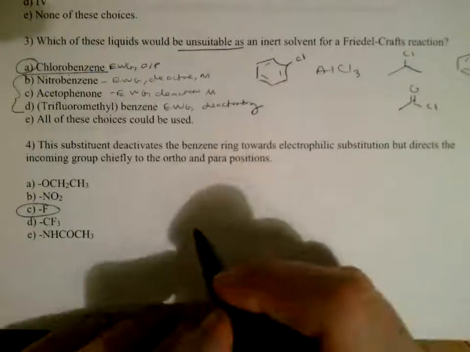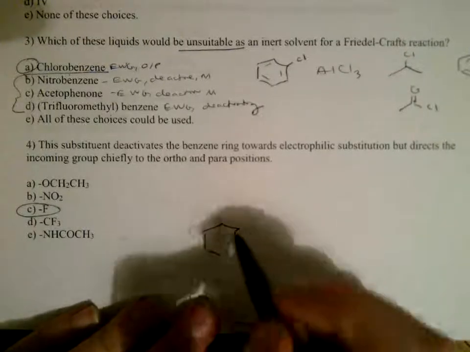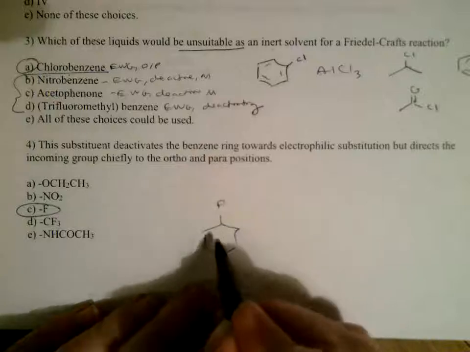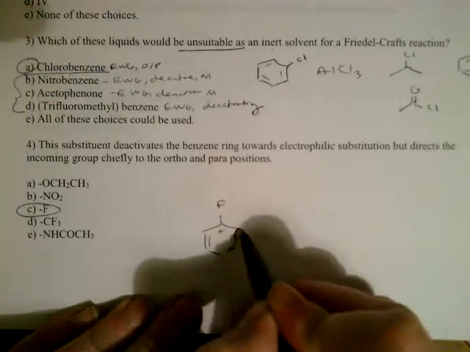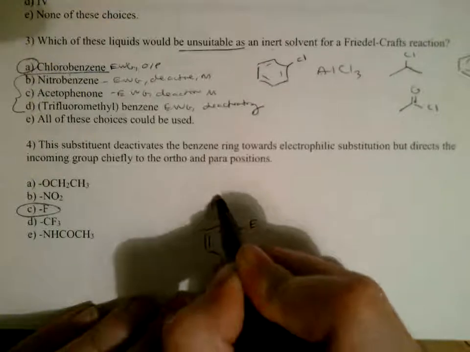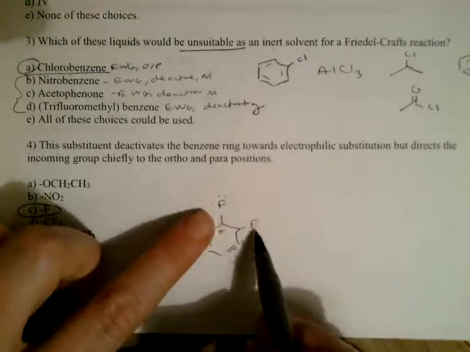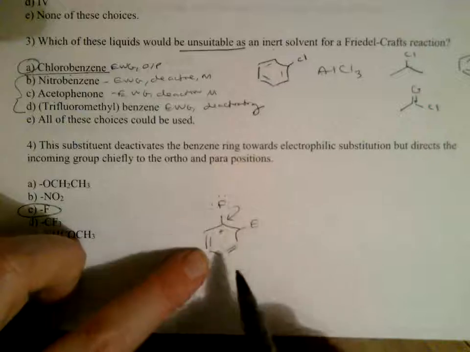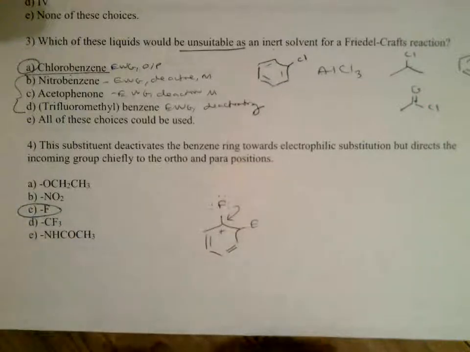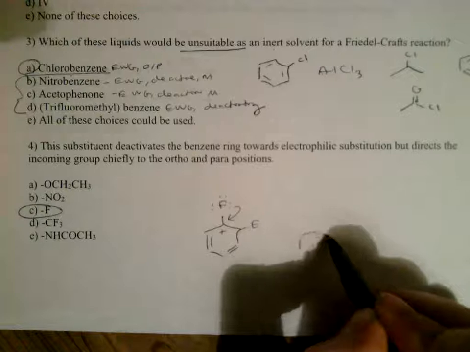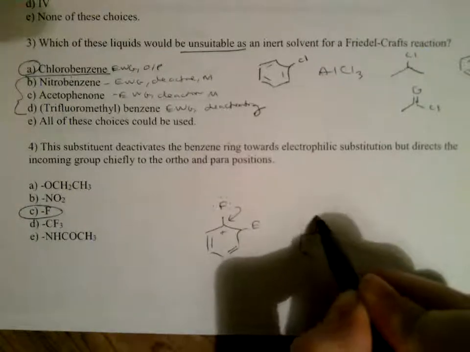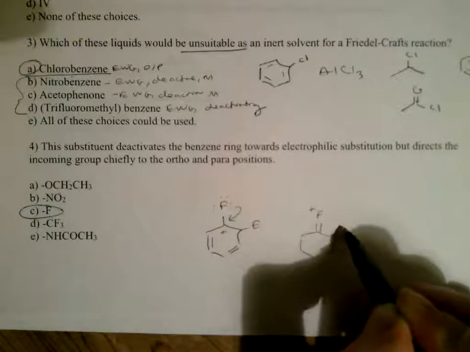And the reason for that is because although this is strongly electron withdrawing, it does have, this is your substituent and this is your electrophile, it does have a resonance structure to stabilize the ortho para. Fluorine's the most electronegative atom, so it's going to be pulling electron density away from it, but it does have one resonance structure that stabilizes the ortho para position.